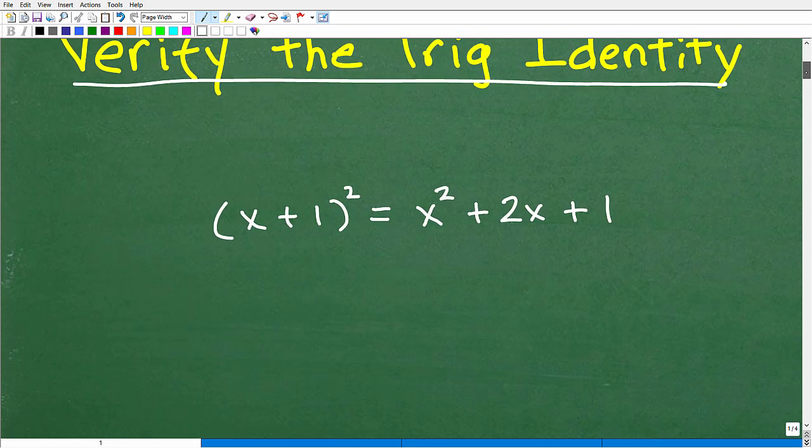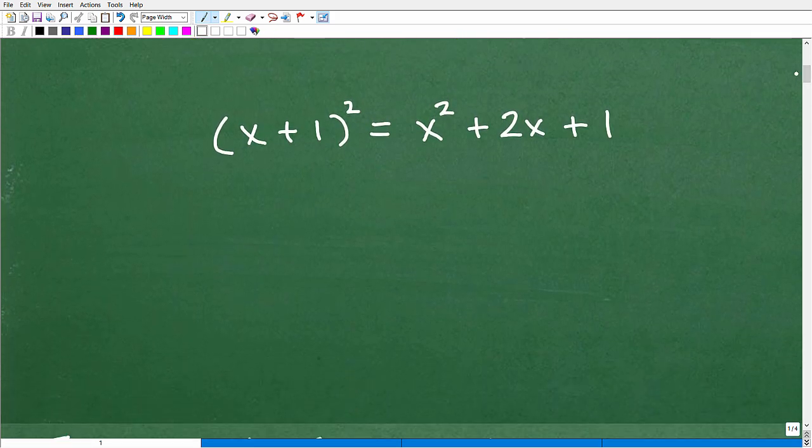And first of all, what is an identity? We're always talking about, hey, verify the identity. Well, an identity in mathematics is nothing more than a relationship that we're stating, or basically, a relationship that's equal. Okay, so for example, I can say (x plus 1) squared.